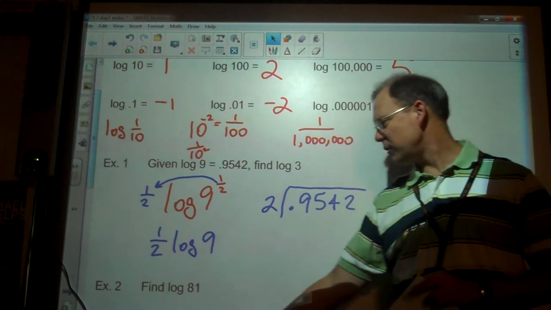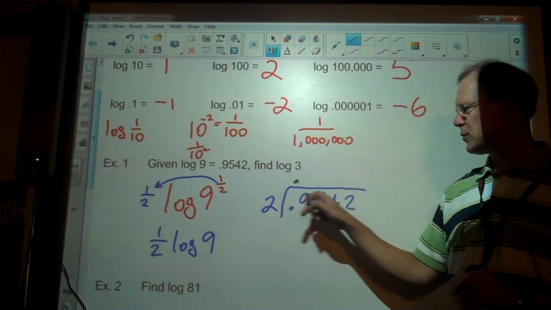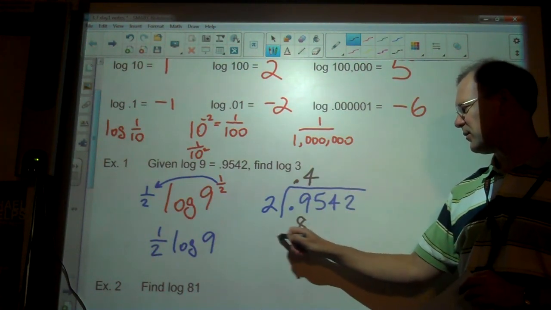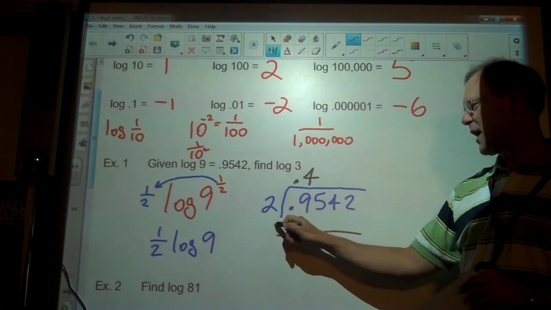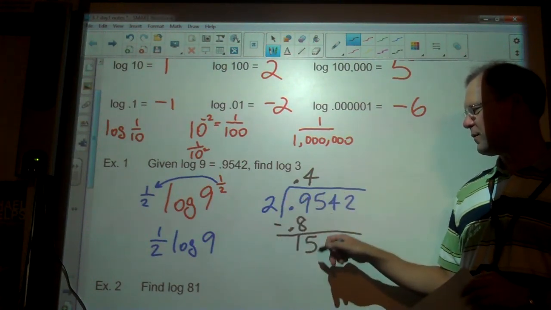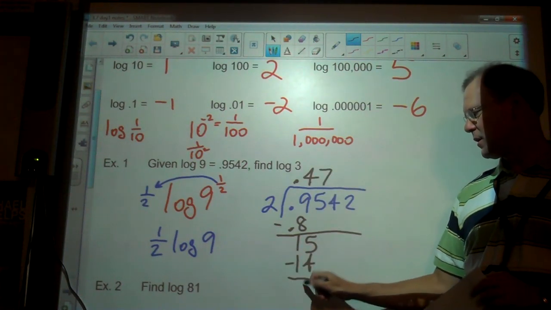So this might involve a little long division. I think we can handle that. 2 goes into 9 4 times, 8. Subtract, you get 1. Bring down the 5, 2 goes into 15, 7 times, that's 14.